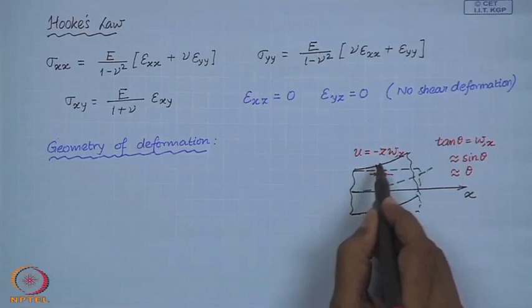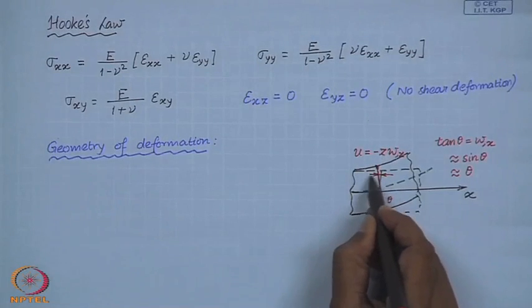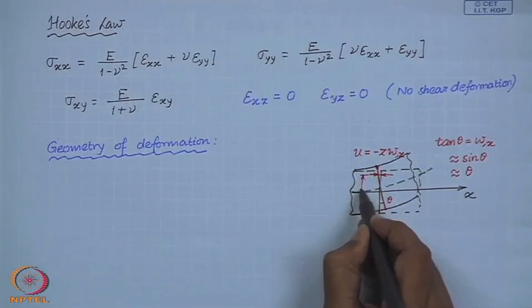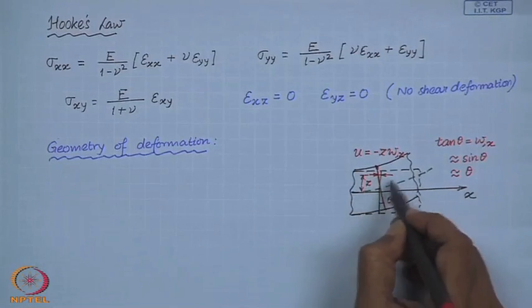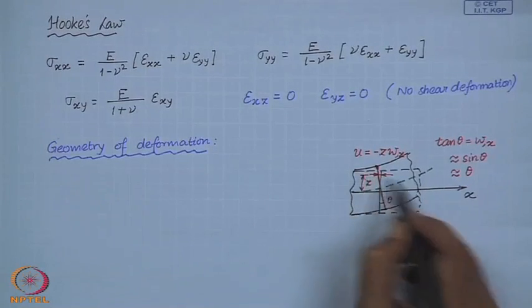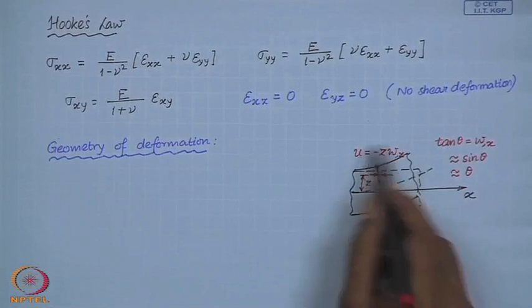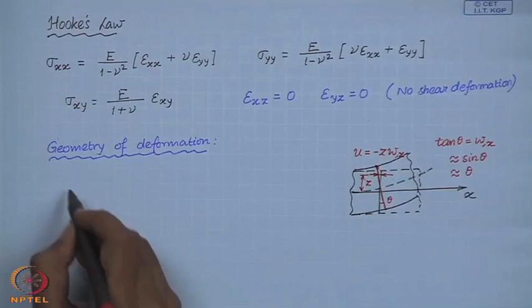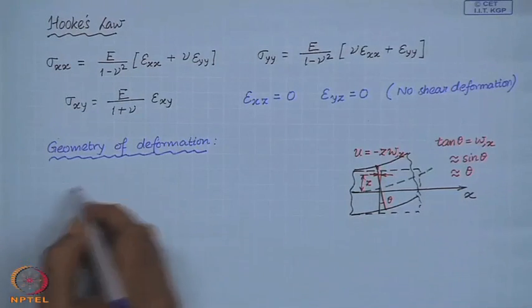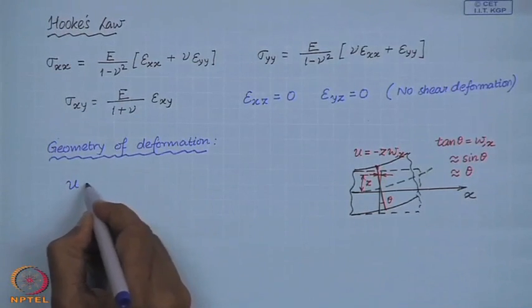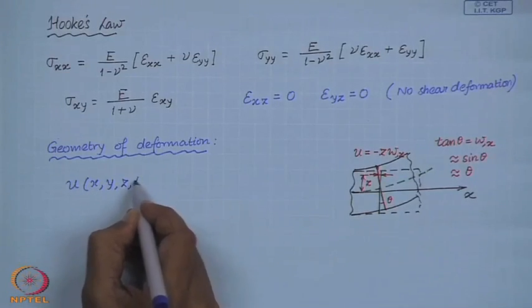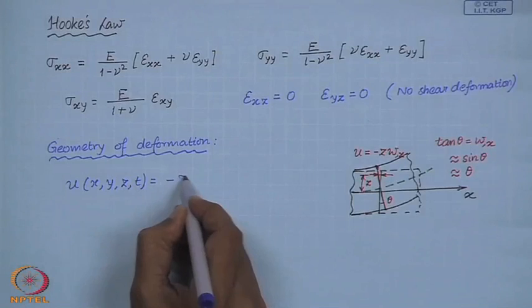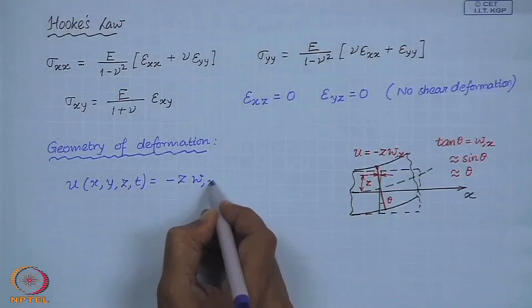So, if z is the location of this point from the neutral surface, then the deflection in the direction of x is given by minus z del w del x.